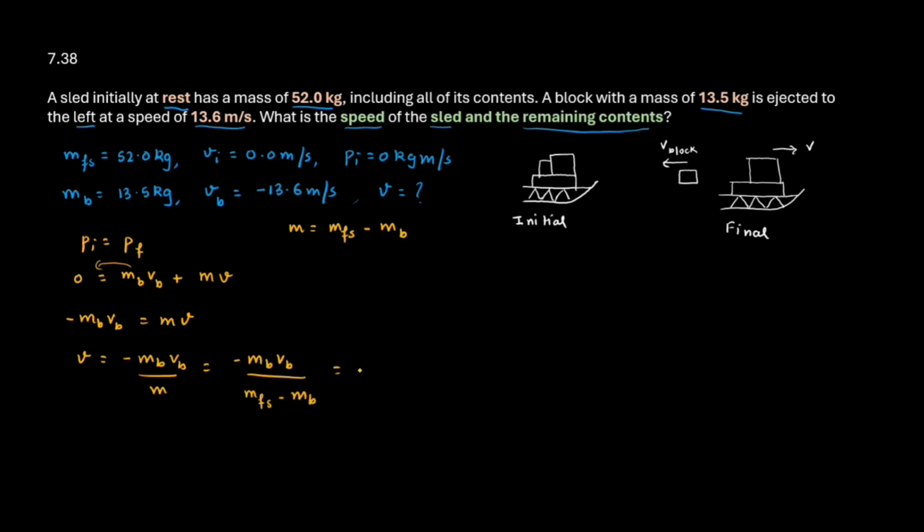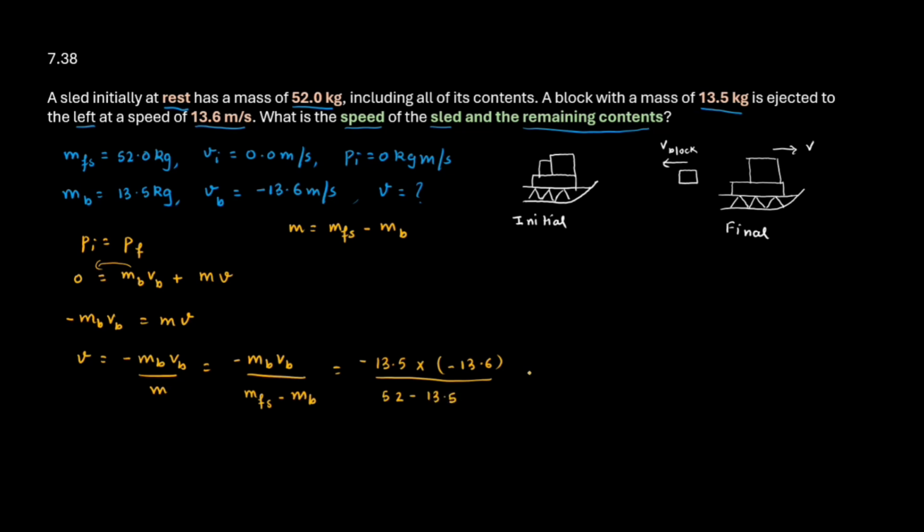Now let's substitute the given values. Mass of the block is 13.5. Velocity of the block is negative 13.6, over mass of the full sledge, 52, minus mass of the block, which is 13.5.